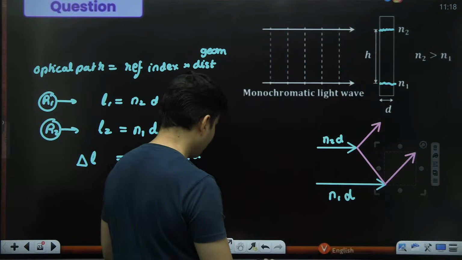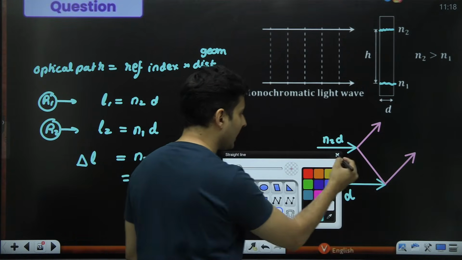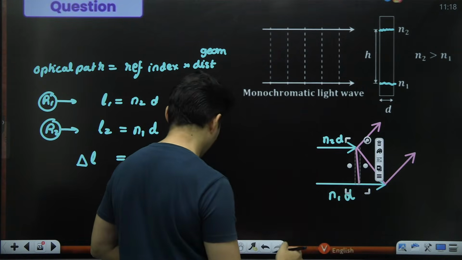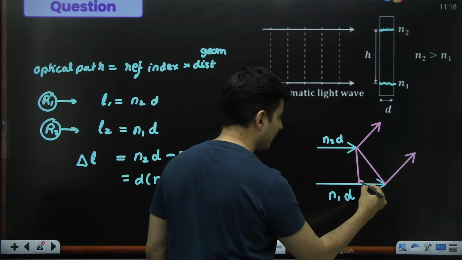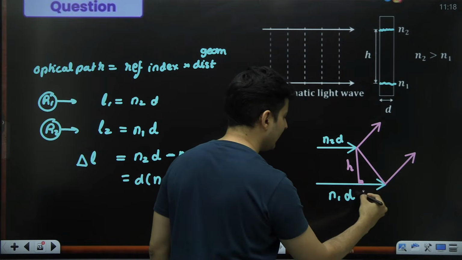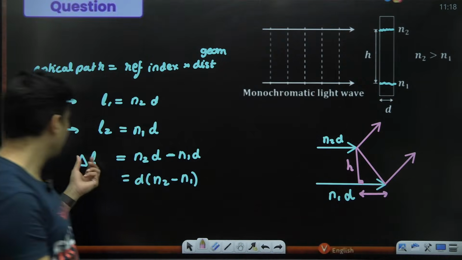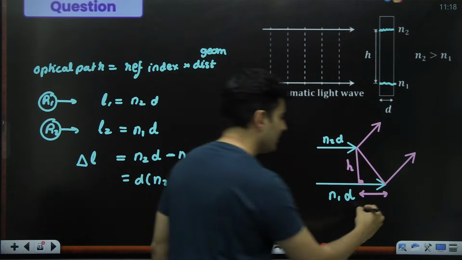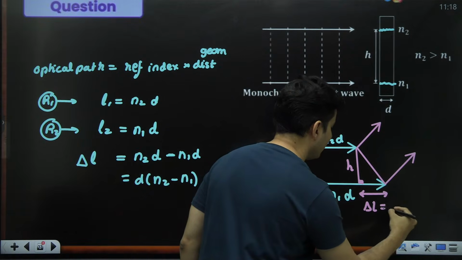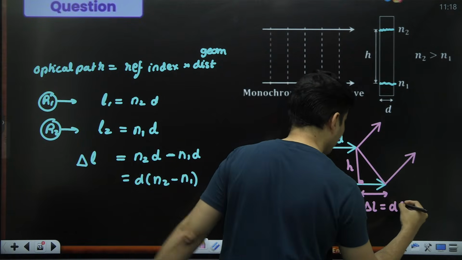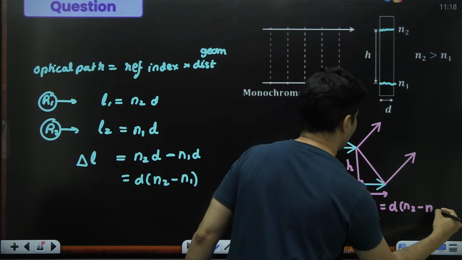So it is deflected. If I draw a right angled triangle over here, this is height h. This particular base is exactly the delta L, which is d into n2 minus n1.